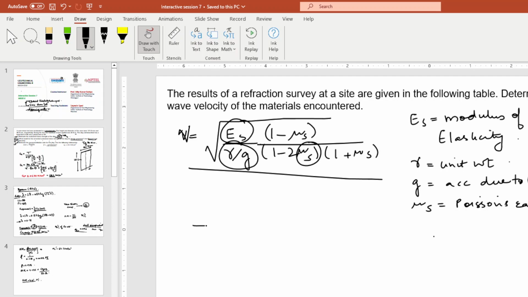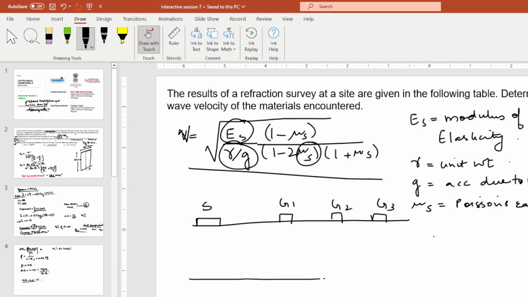For example, we have a source S, and we have these receptors, and we have two layers.